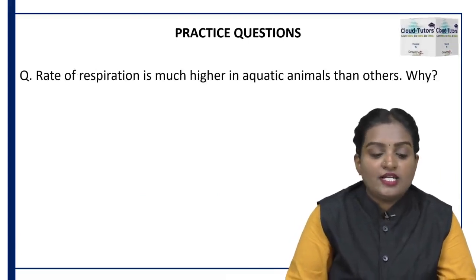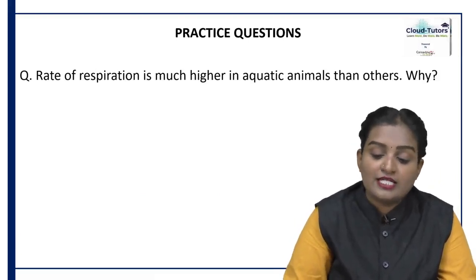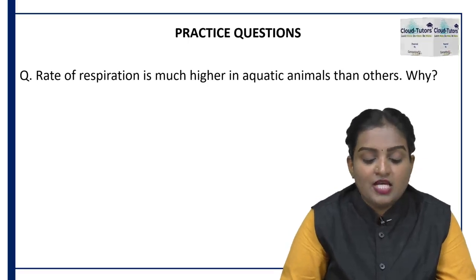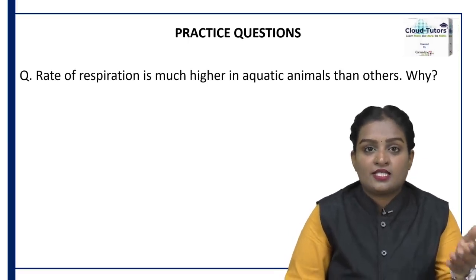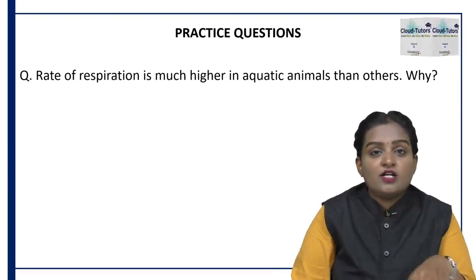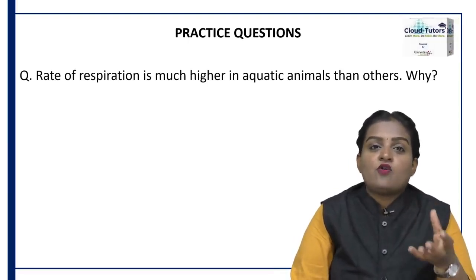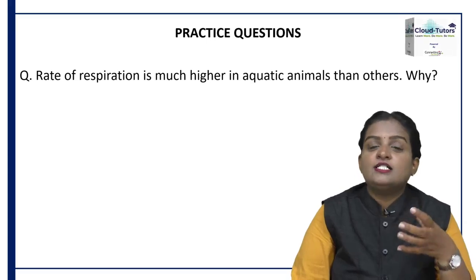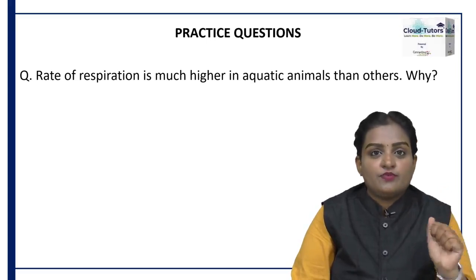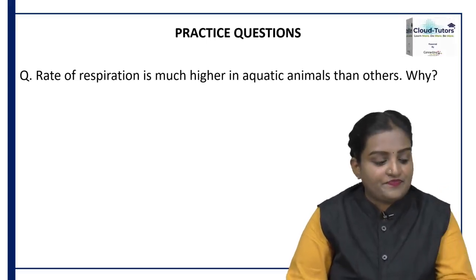Next question is, rate of respiration is much higher in aquatic animals than others. Why? So in aquatic animals, for example fishes, we saw that they take in oxygen dissolved in water, and we know the amount of oxygen present in water is way lesser compared to the oxygen present in the air.